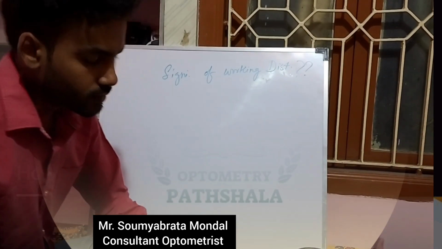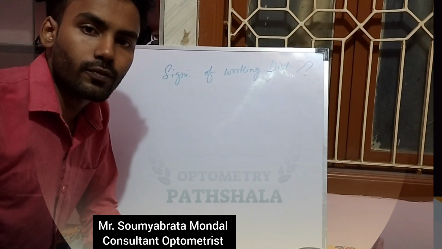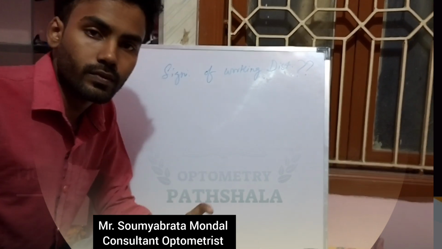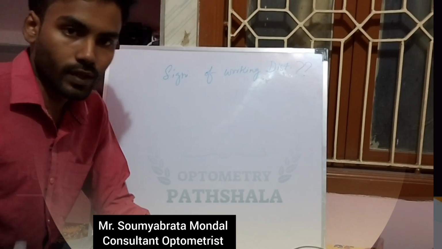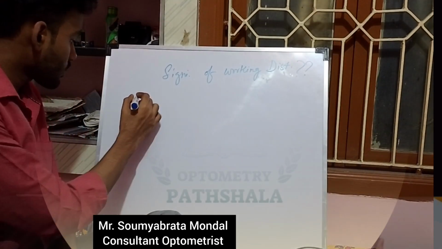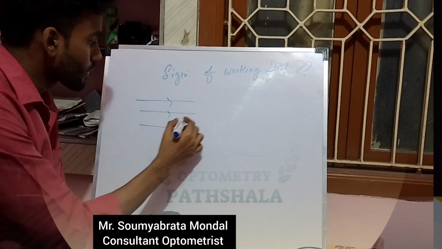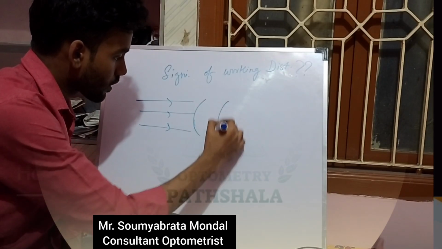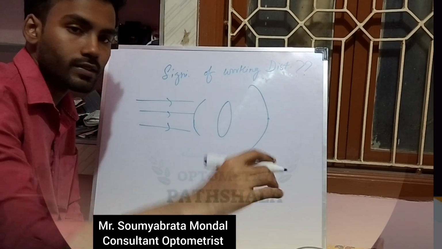So the answer is, when we are talking about the definition of refractive errors, the first thing we have learned is that the parallel rays of light come from infinity. The parallel rays of light which come from infinity, after refracting by all the ocular media, if they are not focusing on the retina, then it is ametropia.